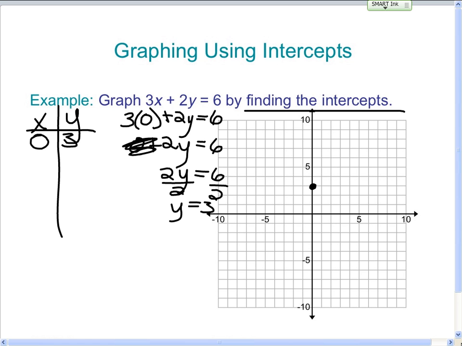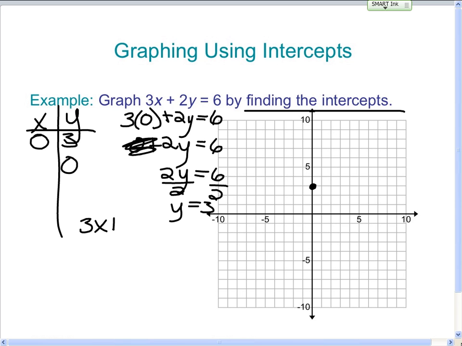Okay, now we need another point. We need 2 points in order to graph a line. So we're going to plug in 0 again, because 0 is the easiest number to plug in. Only this time, instead of plugging in 0 for x, because we already did that, we're going to plug in 0 for y.